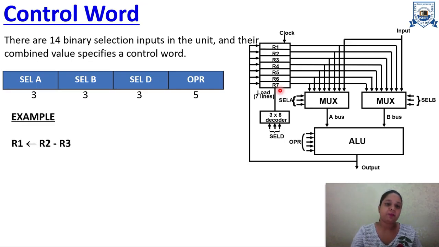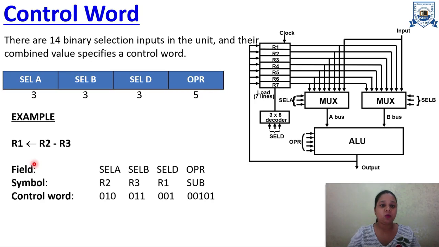Let's take one example. Our example is the subtraction of R2 and R3, which will be stored in R1. R2 will be selected with the help of select A. R3 will be selected with the help of select B. The result is stored in R1, and that will be decided with select D. And then the operation, subtraction, will be decided on the basis of these 5 digits. So you have seen the fields and the symbols: R2, R3, R1 and subtraction.